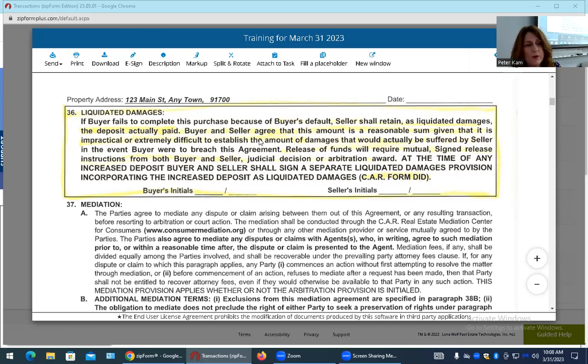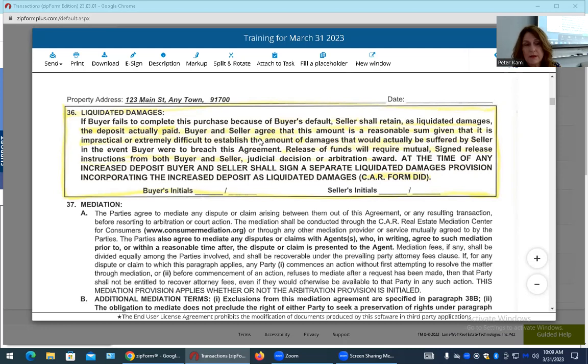So as agents, if we're that close to opening escrow, make sure you have the full contract back, because if your buyer initialed the liquidated damages and expects it to be included in the contract, you want to verify that the seller did indeed initial. If the contract with the counter goes in without the initials, there could be an issue because there's only one party signing.